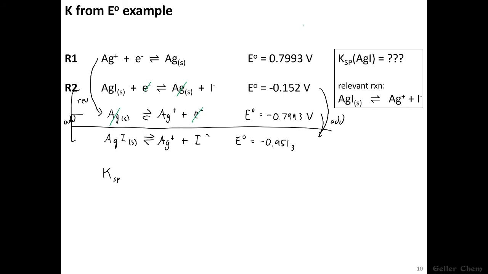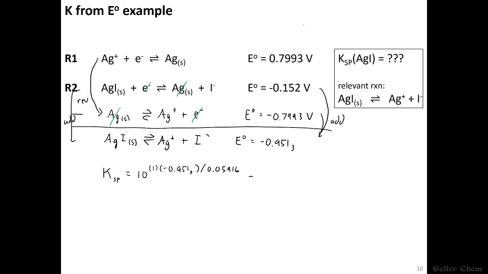And let's just put that SP subscript to be precise. And now is the time to use that formula we wrote down previously. This will be equal to 10 to the whatever our n value is. In this case, our reactions only involved 1 electron. Our standard state voltage for the overall reaction is negative 0.9513. And then we divide by our 0.05916 value.